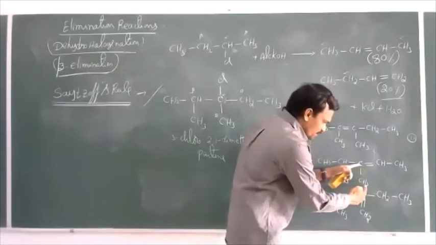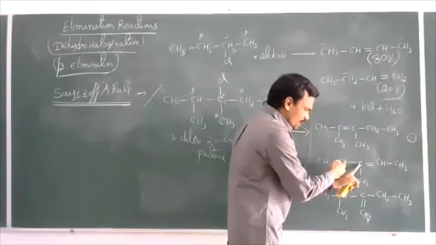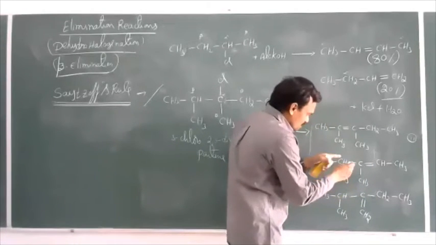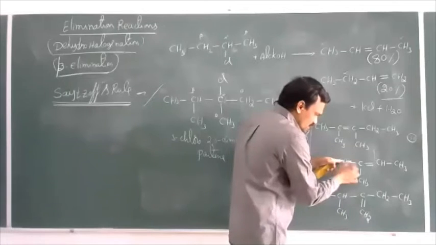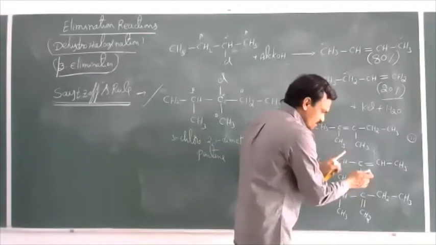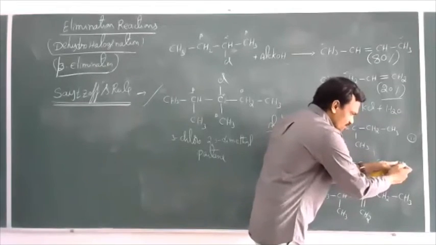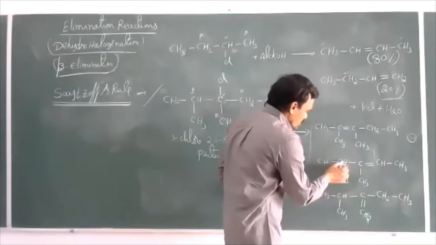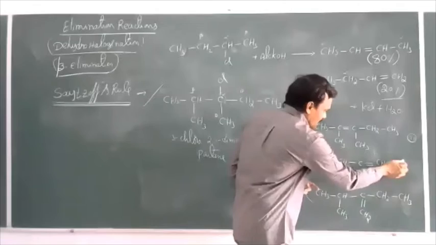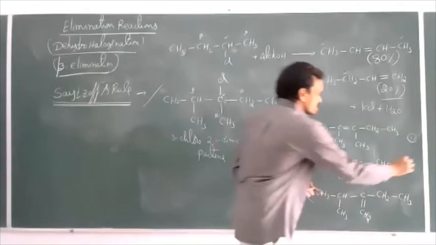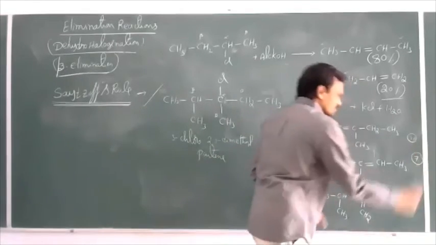This alpha carbon has 3. This alpha carbon contains only 1 hydrogen. So here 1 hydrogen, here 3 hydrogens, and one more. To this double bonded carbon, this is an alpha carbon, here 3 hydrogens. Here 1, here 3, and here 3. Total 7 alpha hydrogens are here.